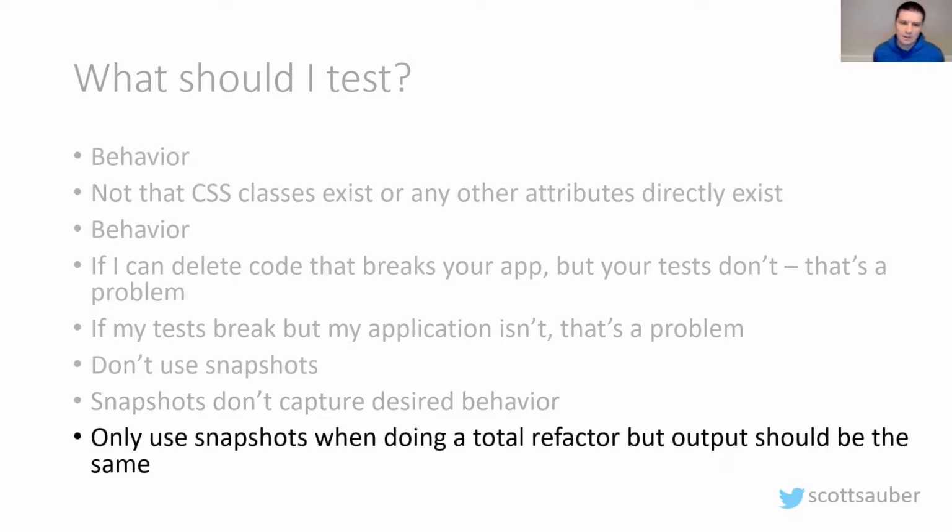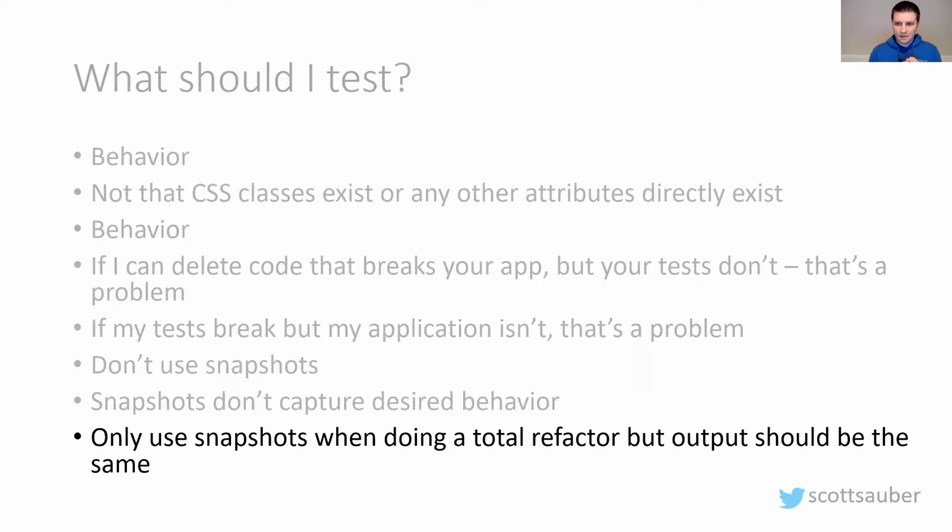I do use snapshots when I'm doing an entire refactor of the component that I'm testing, but the output of that component should be the exact same. The HTML should be the exact same. And so when I'm doing a total refactor, I'll first write a test that asserts on that snapshot, creates that snapshot, and then I'll refactor all my code.